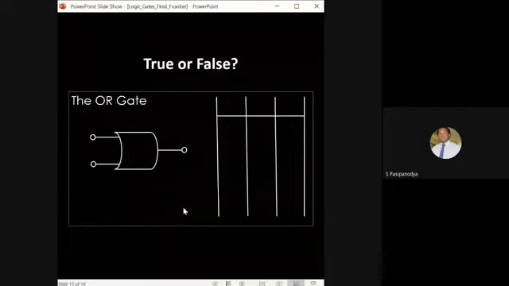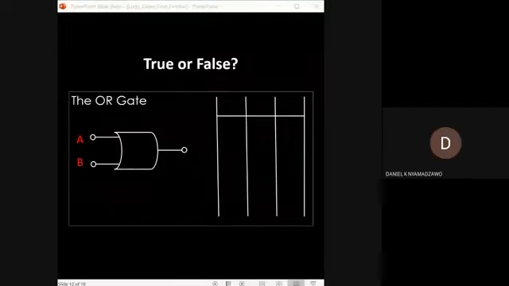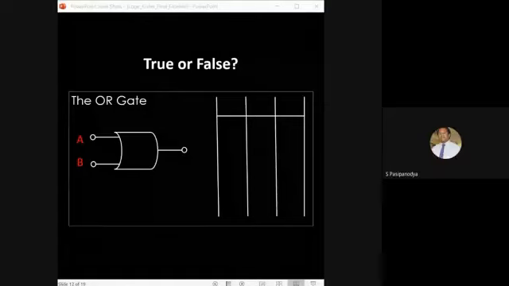Let us now move on to the OR gate. And again, we have our inputs, and we also have our output.